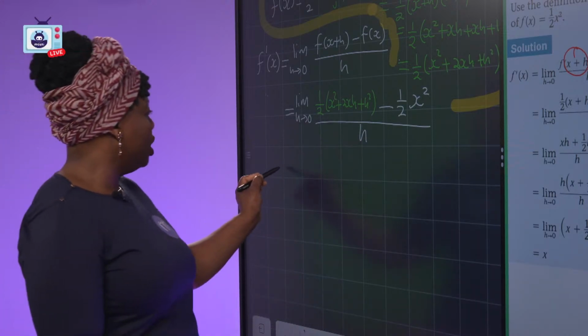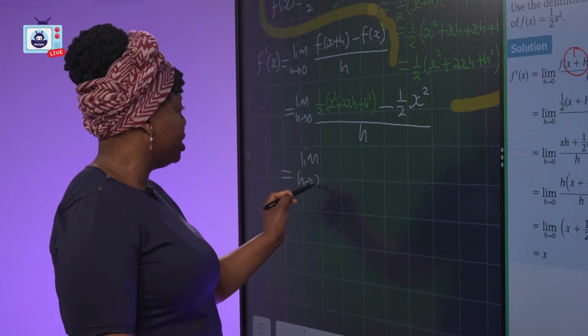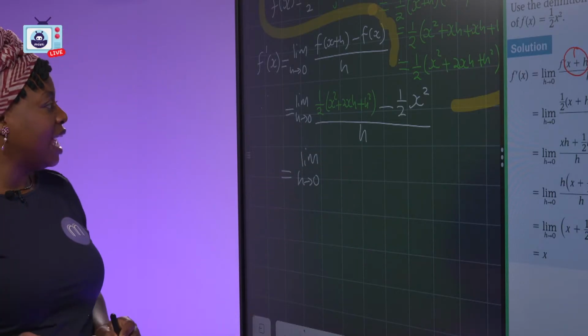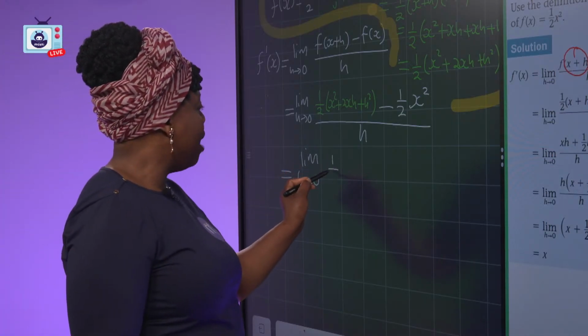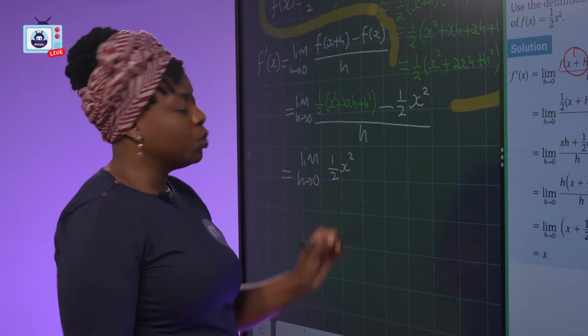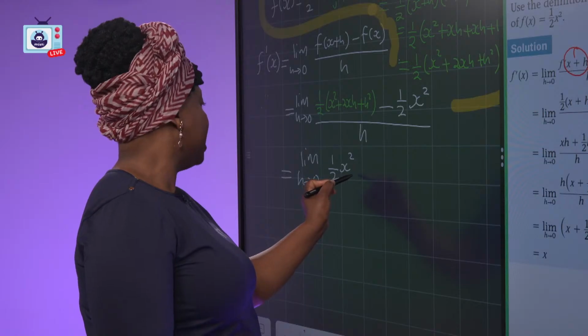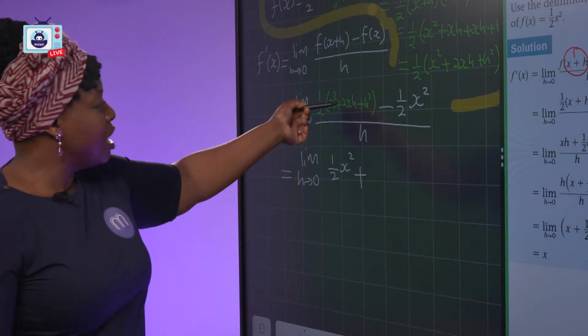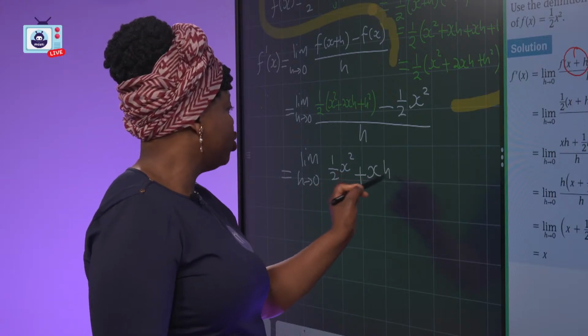Then as we go on, that will be equal to the limit as h approaches 0. Then you start multiplying in so that we can see what we have to do. So we have a half x squared, because we are now removing the bracket, and then we're going to have plus a half multiplied by 2, which will give us 1. So we're going to remain with xh.